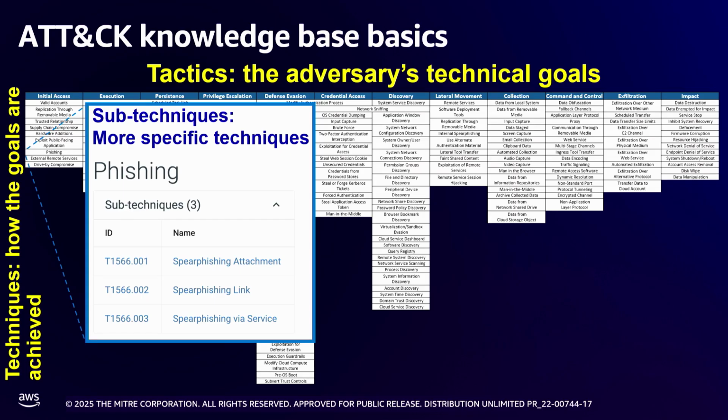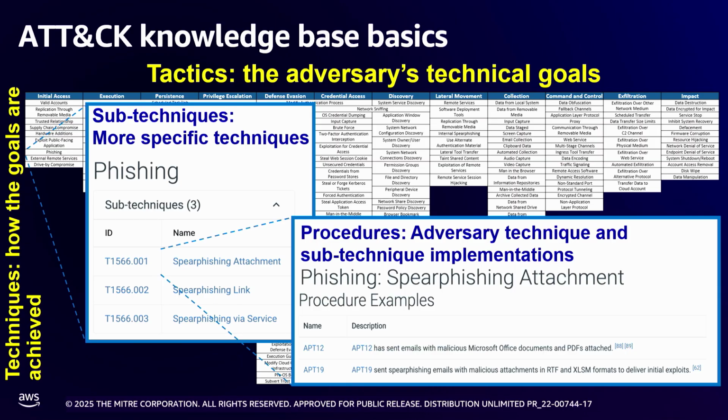But going down a little further, just looking at a particular technique like phishing here, there might be a set of sub-techniques that go beneath that, like in this case, spear phishing attachment, spear phishing link, or spear phishing via service. So as a result, you've got different levels of abstraction down to an actual sub-technique level.